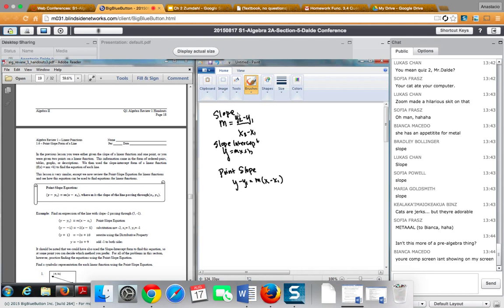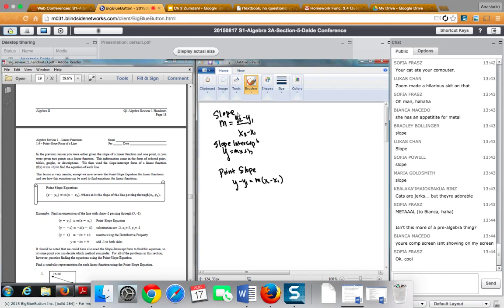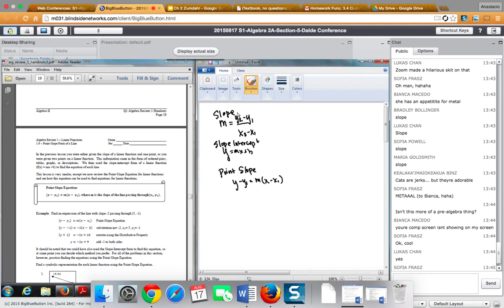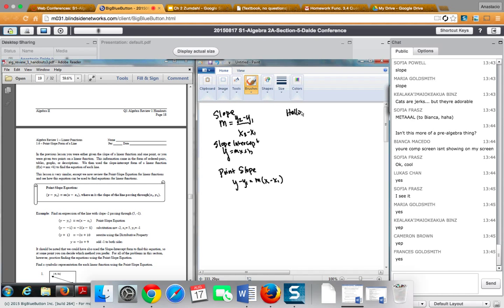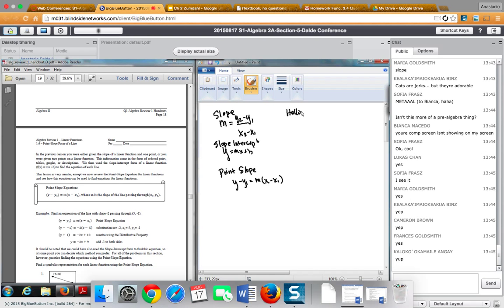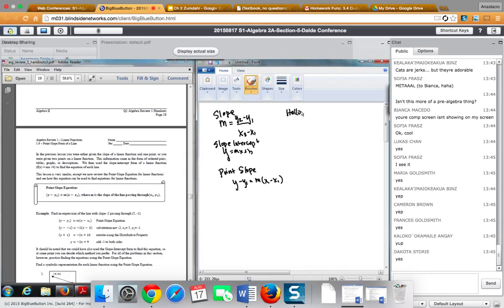All right, see this slope-intercept form? Your computer screen isn't showing on my screen. Can everybody else see my computer screen? The canvas has these little gray windows.